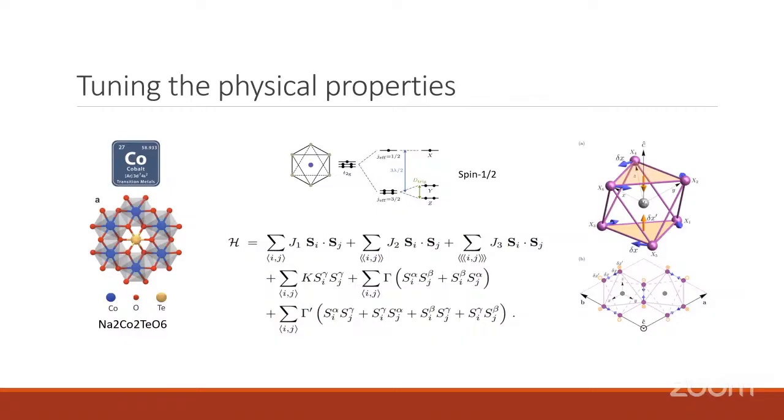However, if I take one example of the Kitaev candidate materials, it shows that those spin interactions usually have a strong spin orbital coupling to generate those Kitaev terms and also the off-diagonal terms. Even though those off-diagonal terms are not favorable in the Kitaev material candidates, they all exist all the time because the system is not ideal.